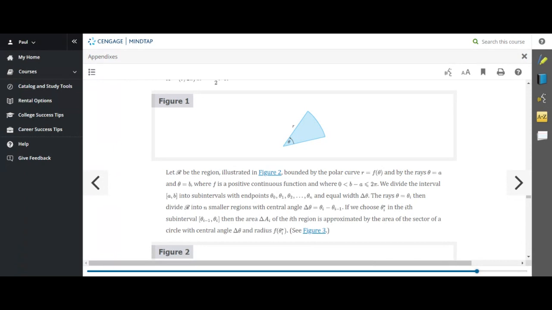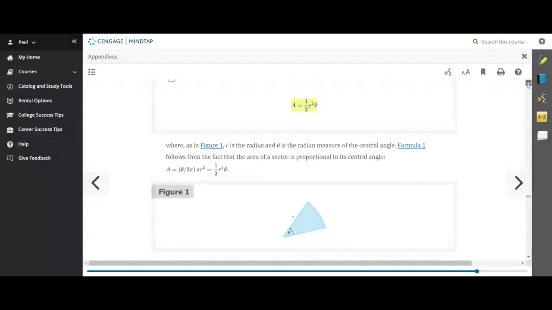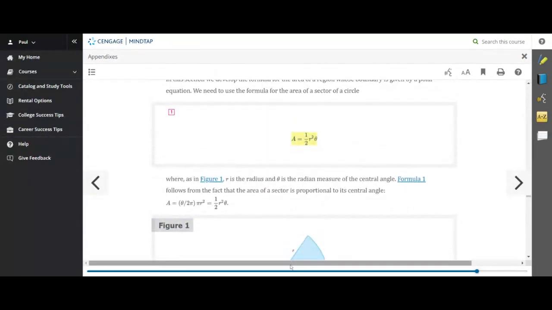So what's the area of the sector of a circle? Well, I don't know if you've seen this formula, the area is equal to 1/2 r squared times theta. How many maybe have seen that formula, maybe back in middle school or high school?